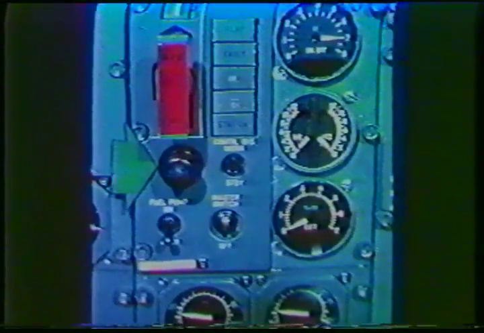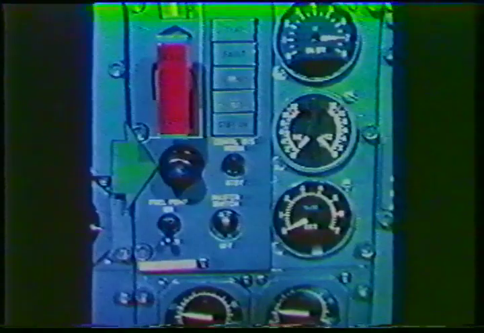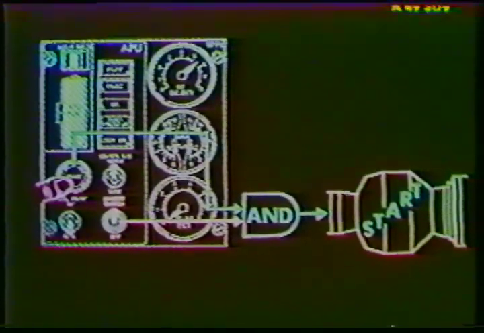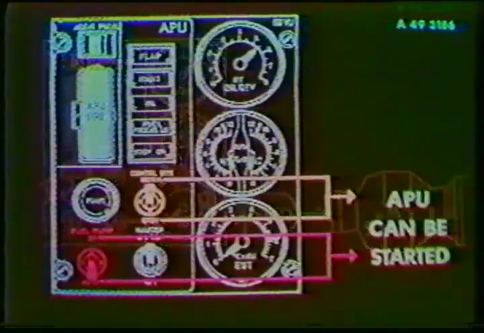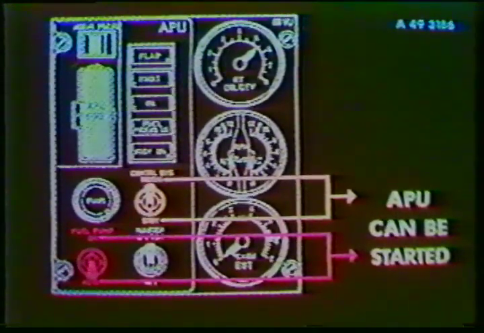A start push button allows starting of the APU only when the master switch is in the master switch position. Regardless of the position of the fuel pump switch and the control system switch, it is possible to start the APU.